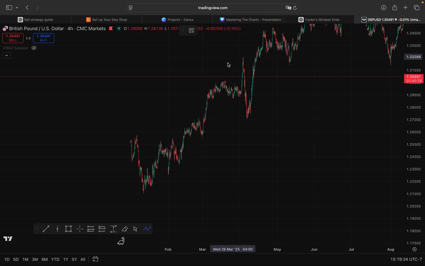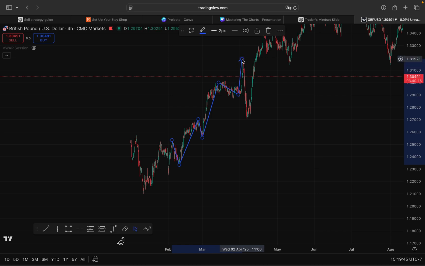And you can kind of see this is forming an uptrend currently, right? So we would say the market is in an upward trend forming higher highs and higher lows. Higher high, higher low, higher high, right? That is an uptrend.